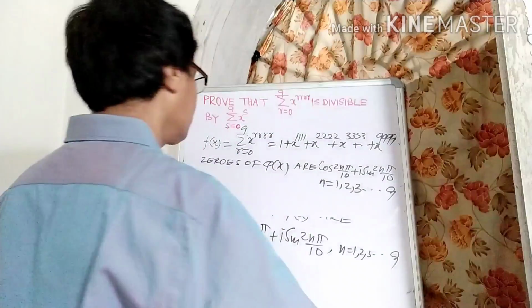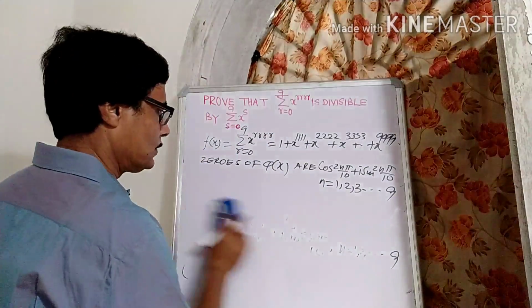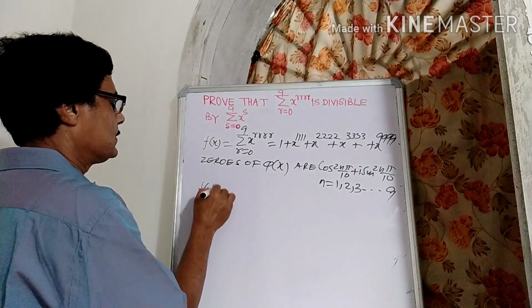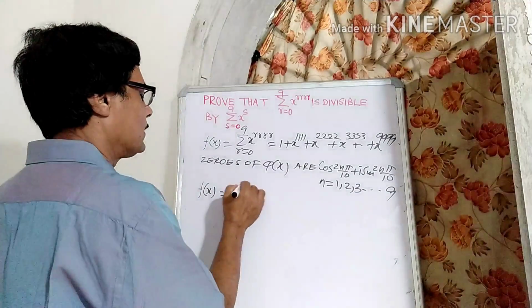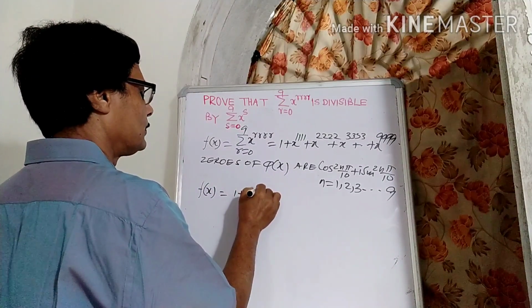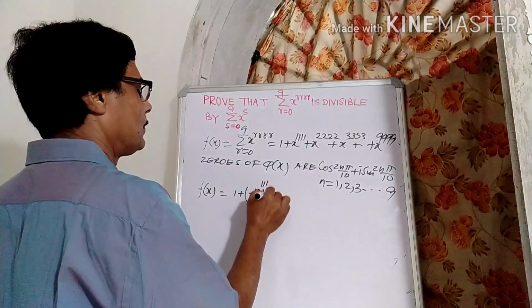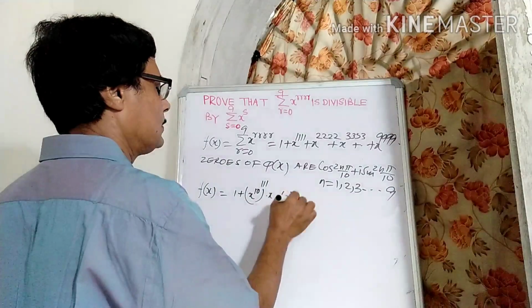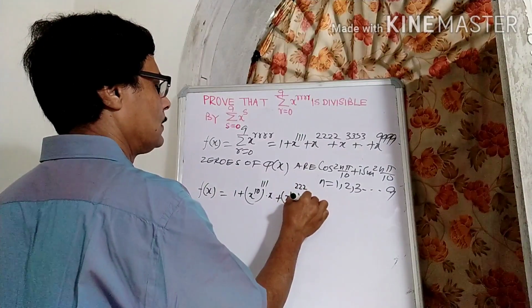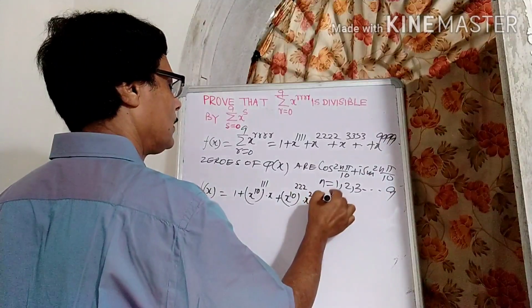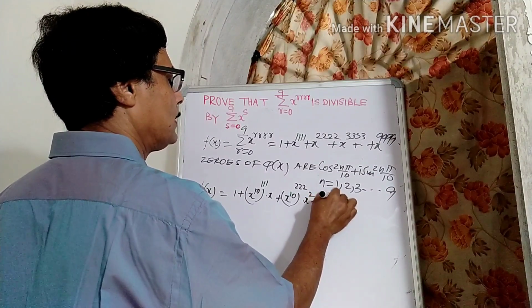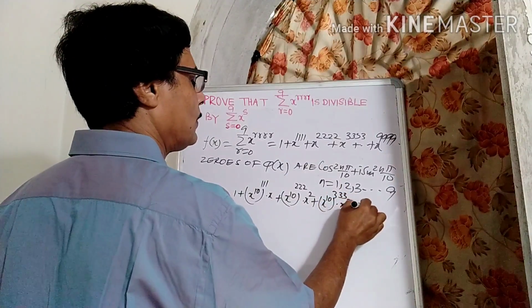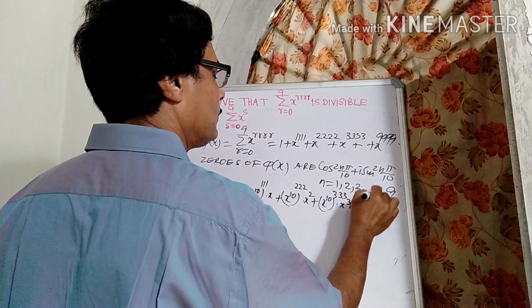Now we can write f(x) equal to 1 plus x to the power 10, and so on.